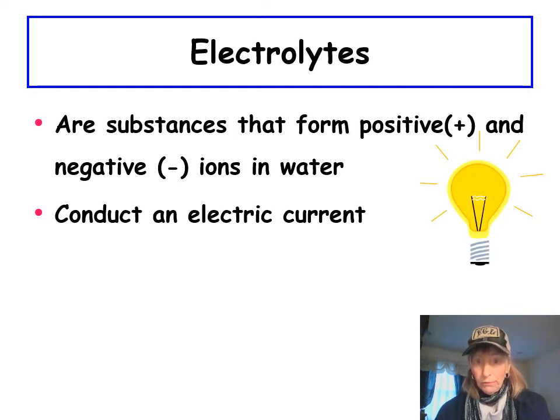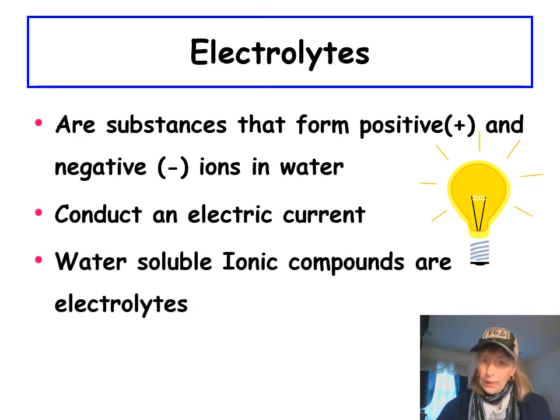That means that if you have a setup that we will look at shortly, and you have a solute that is an electrolyte, one that forms positive and negative ions in water, it will cause electricity to flow and a light bulb will light up. All right, so it'll conduct an electric current.